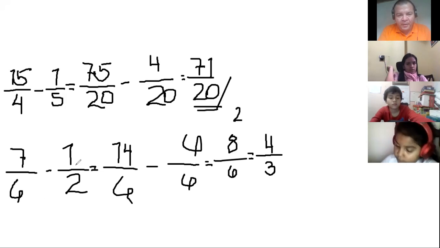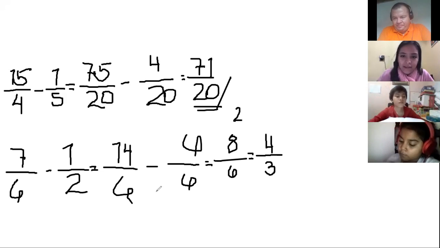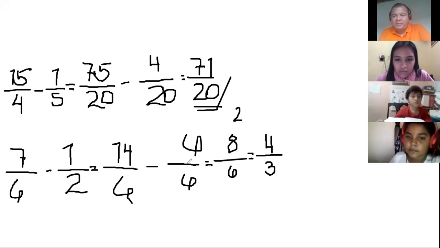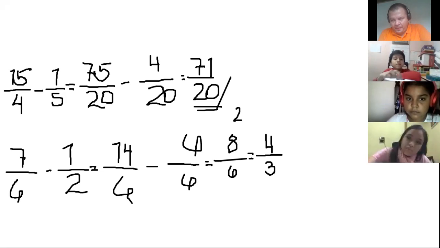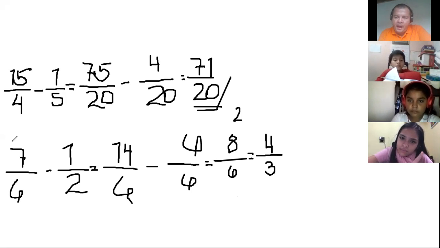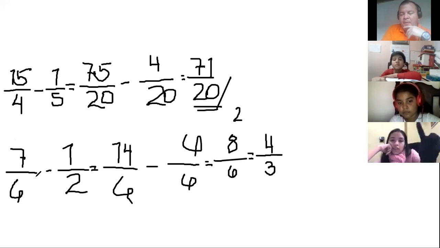So why do I multiply the 7 by 1? It could be 6 over 6, where the numerator and the denominator have the same number, which is equal to 1. But we're not seeing that right now. So I made that multiplication and that operation in the first step, you could say. Okay?